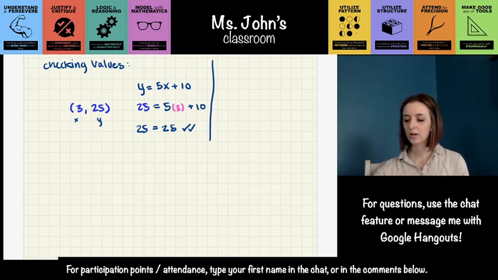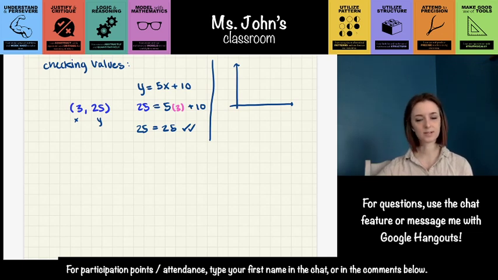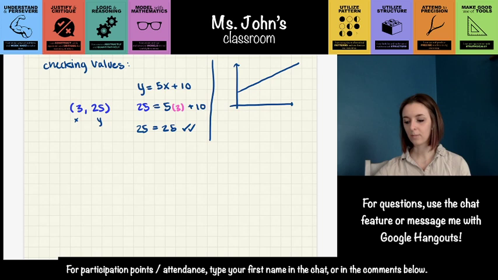The same goes for graphs. If they give you a bunch of different graphs and ask which one of these represents the scenario, you can check and make sure that the point you're looking for is actually on the graph.